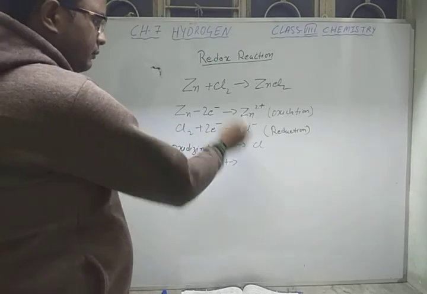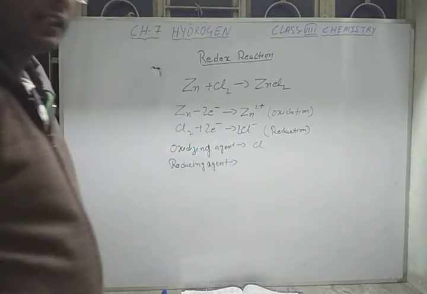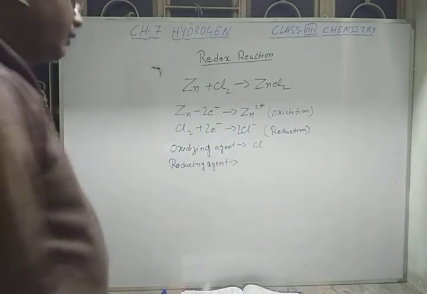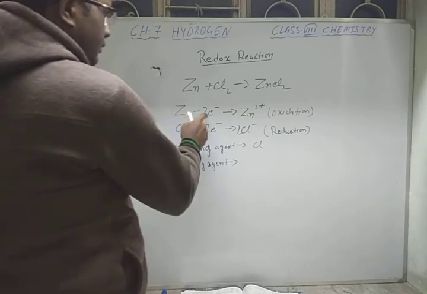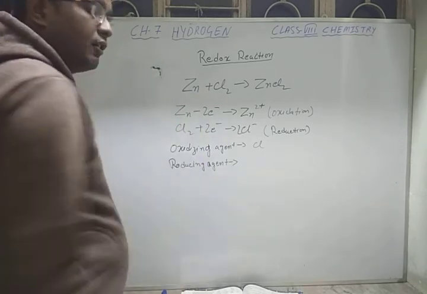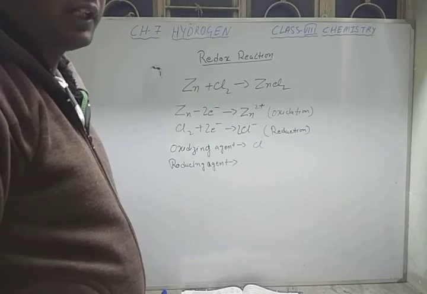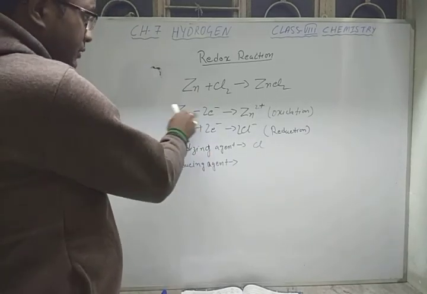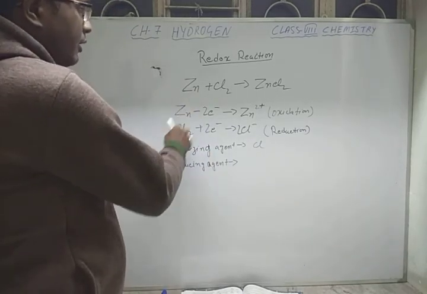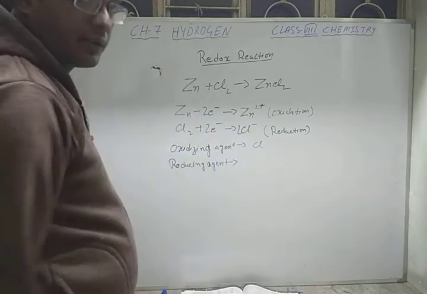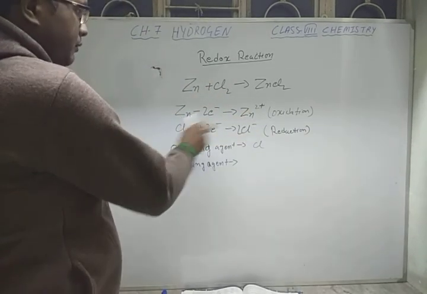If zinc doesn't lose electrons, chlorine will not get 2 electrons. Since zinc loses electrons and helps chlorine take 2 electrons, zinc helps form reduction.